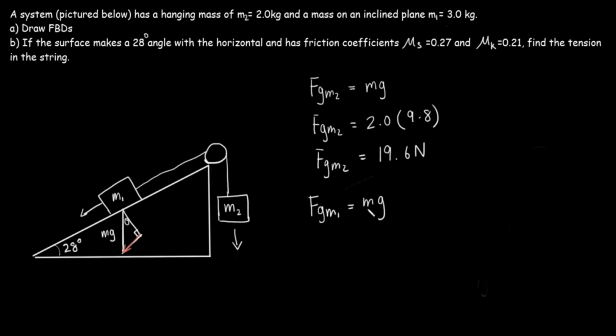So I'm writing mg first because that's the hypotenuse, and then all we got to do is multiply that by sine of the angle, which is 28 degrees. So the mass of object 1 is 3.0 kilograms. G is just always 9.8 times sine 28.